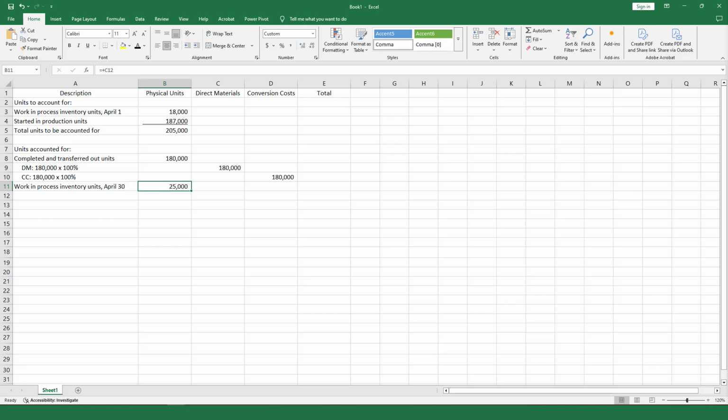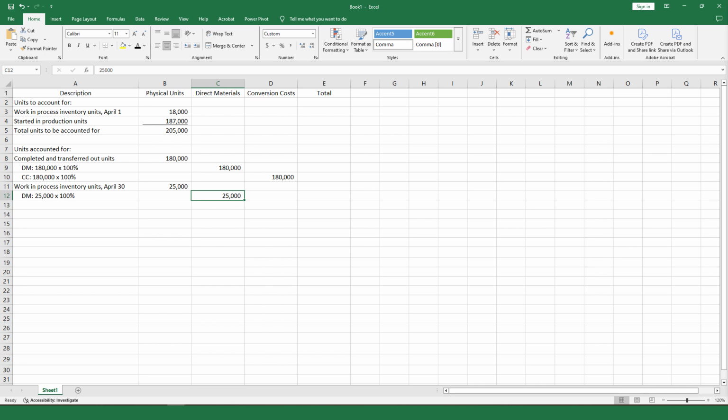First, we enter the number of physical units, 25,000 units at April 30th. Because 100% of the direct materials have already been added into the manufacturing process, we calculate the equivalent units as 25,000 ending work in process units multiplied by 100% complete, which is equal to 25,000.